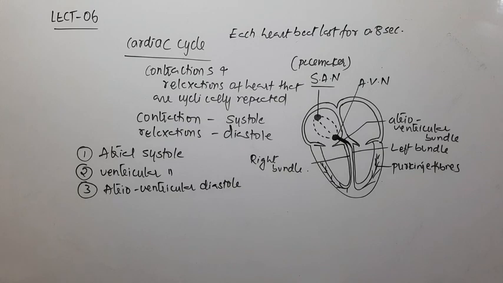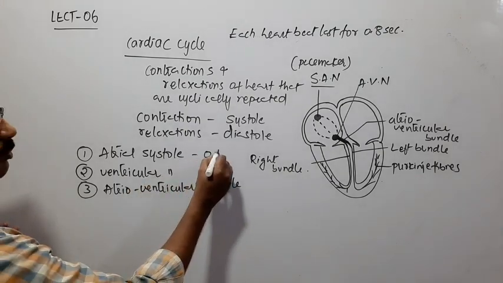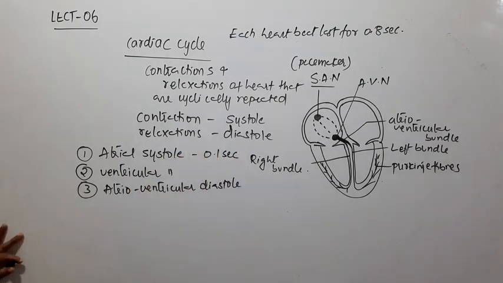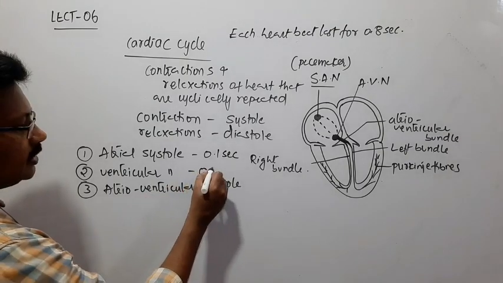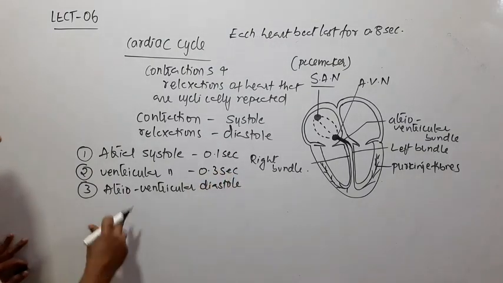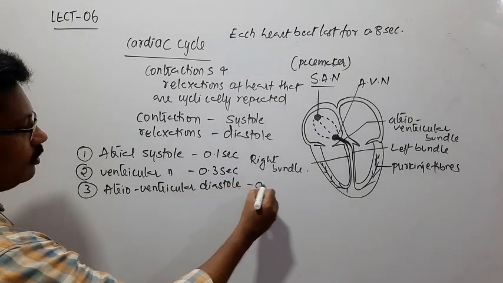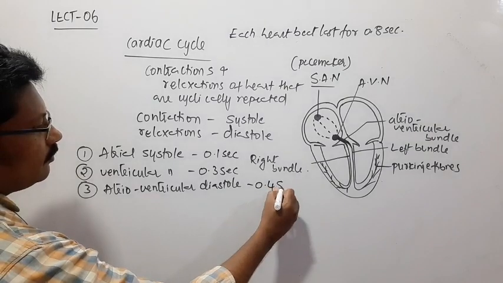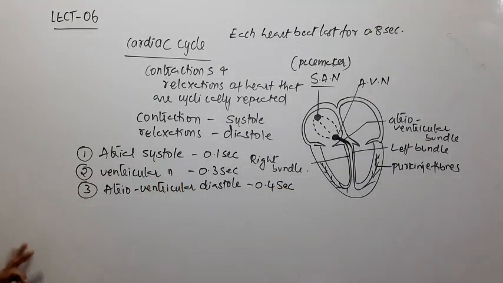The atrial systole will be around 0.1 second, whereas the ventricular systole is around 0.3 second, whereas the atrioventricular diastole lasts for 0.4 seconds, which altogether will be 0.8 seconds, right?